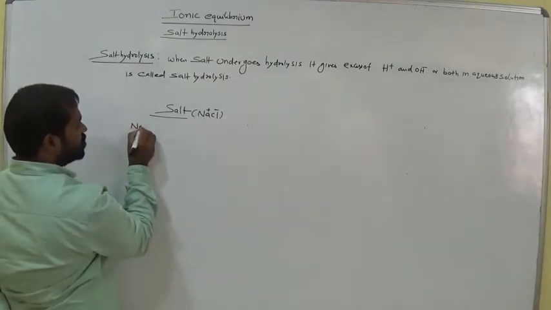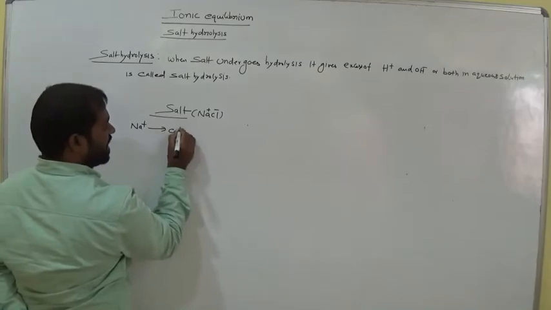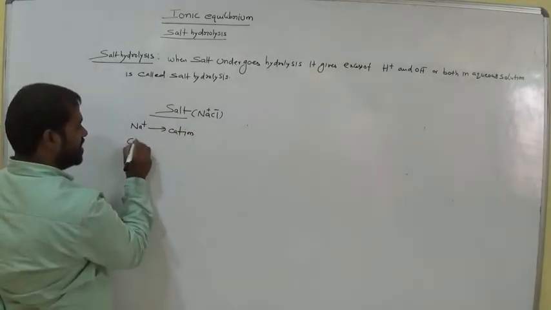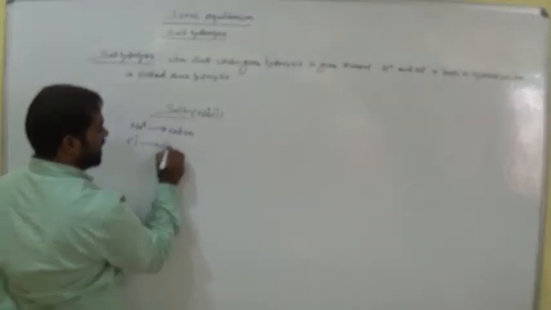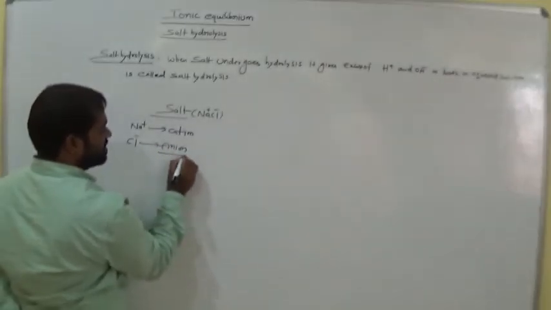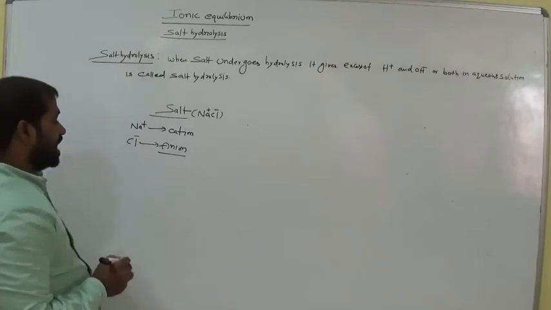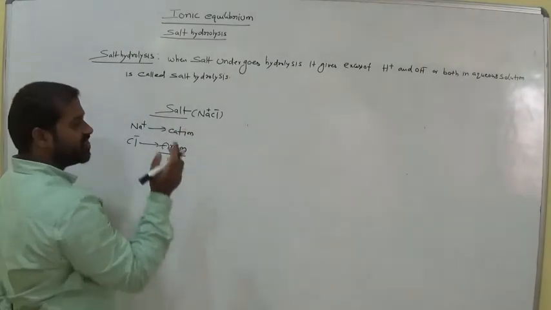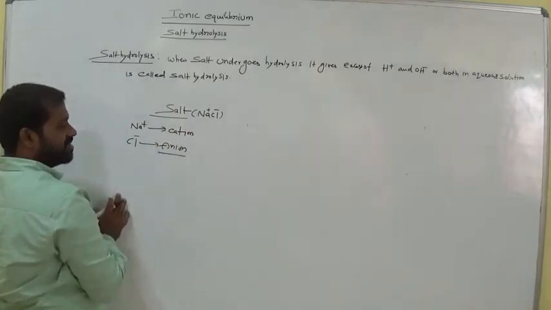The positively charged sodium ion is called a cation, and the negatively charged species are called anions. Remember: cation means positive, anion means negatively charged. A salt consists of 2 ions, one cation and another anion. Clear?